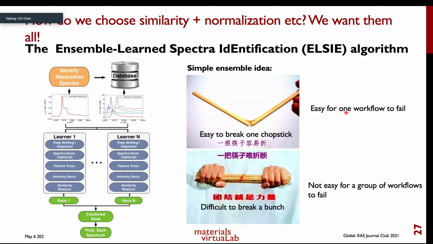So the idea is quite simple. When you have one chopstick, you can easily break it, right? But when you have lots of chopsticks, you cannot really break them with your bare hands. So the idea of the ensemble method was that when you have one workflow, like you choose one specific similarity and one normalization method, one transformation, you can easily miss some of the important features.